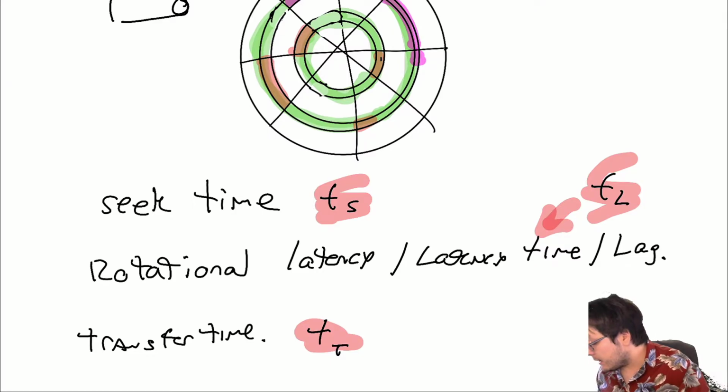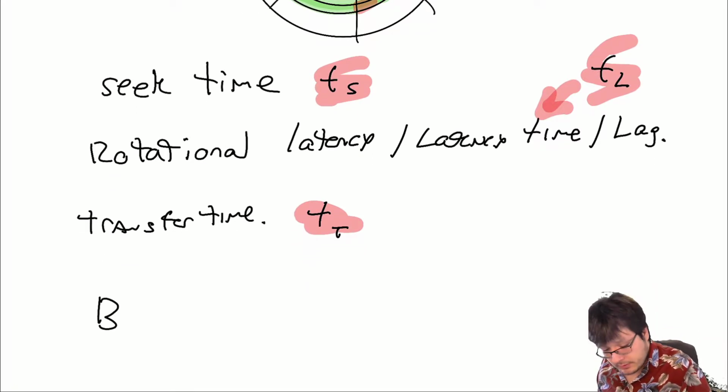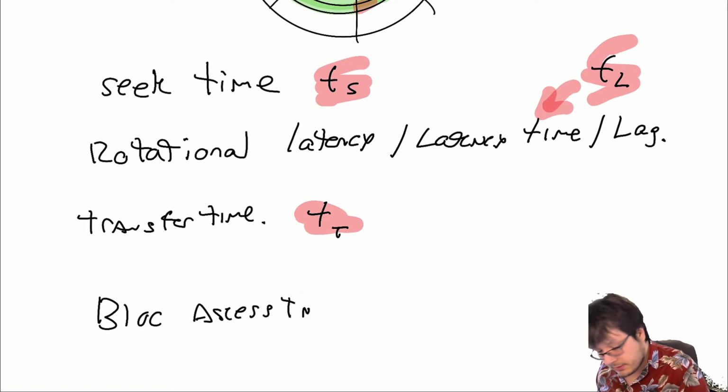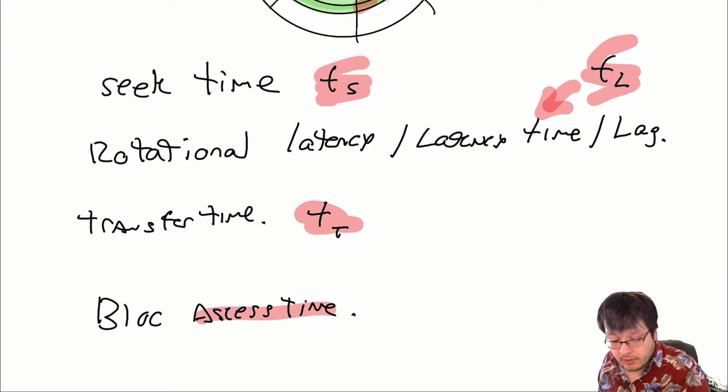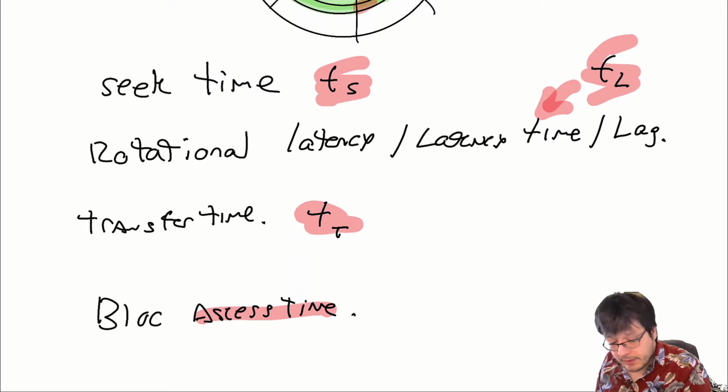And then finally, the summarized time is known as the block or sector access time. They spell block like that. Don't ask me why. They also just call it access time. Either block or block access time. It really does bother me how they spell block. There's probably a reason for that. But anyways, that one is just called TV.